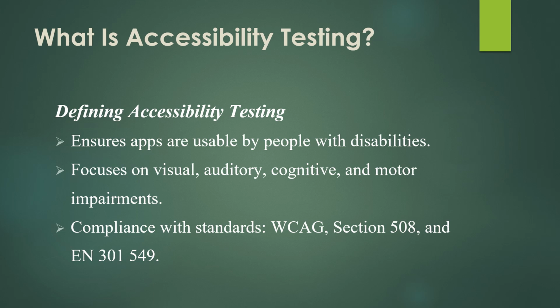It focuses on features like screen readers, keyboard navigation, audio descriptions, and proper color contrasts. Compliance with accessibility standards such as WCAG, Web Content Accessibility Guidelines, Section 508 in the US, and EN 301549 in Europe, ensures that your app meets legal and ethical requirements.